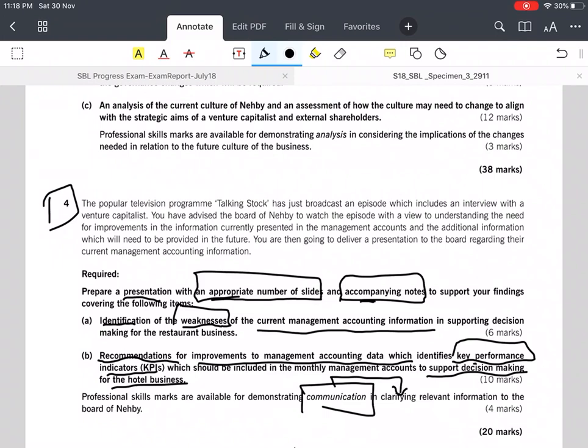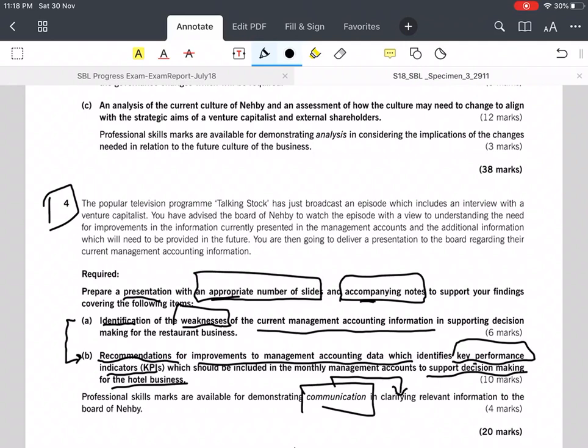In these two parts, we have to identify key weaknesses and recommendations, and how good we are in letting the board know about the weaknesses they have and convincing them about the key performance indicators. That will be the communication skill which is going to be tested.